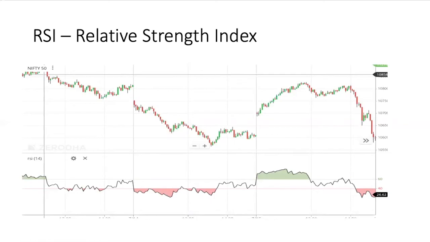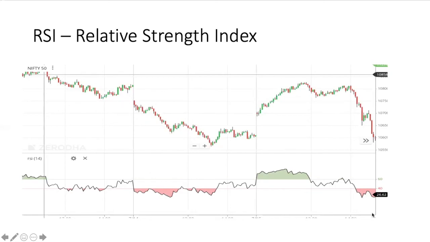I take the RSI levels as 60 and 40. If the RSI hits 60, it's considered a bullish phase, and if the RSI touches 40 and below, it's a bearish phase. So you can see the example. These red shadows over here indicate RSI less than 40, and you can see the market is on the bearish side.